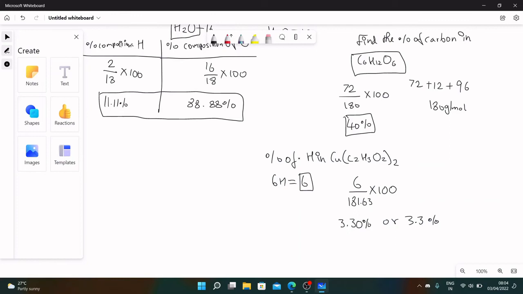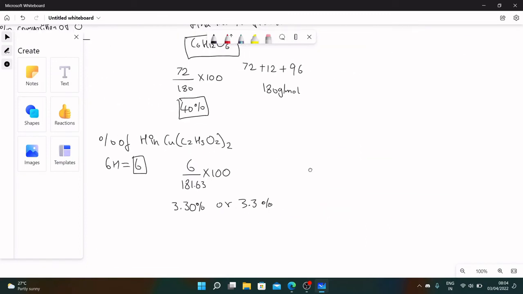What if I asked you to find how many grams of hydrogen are present in 112 grams of cupric acetate?